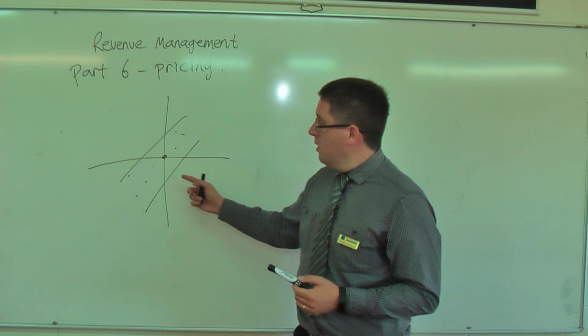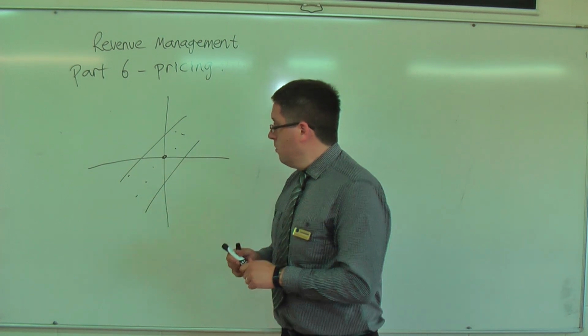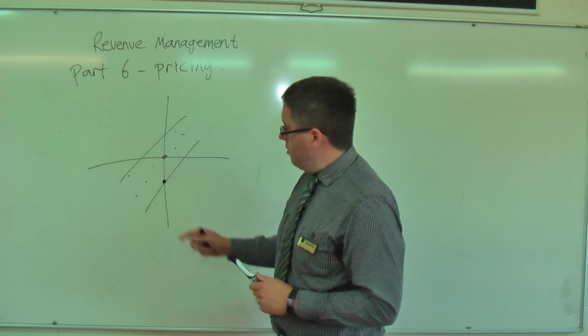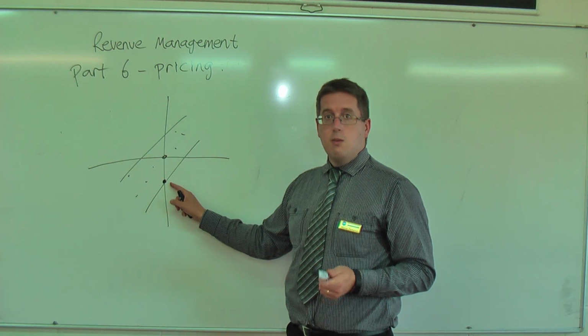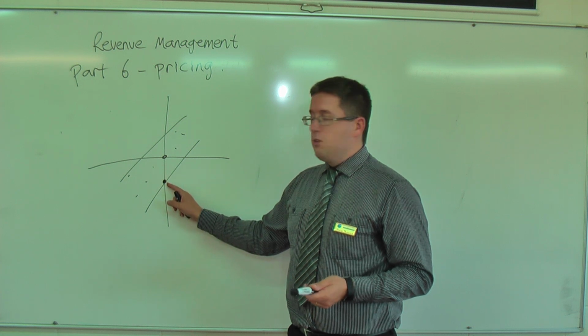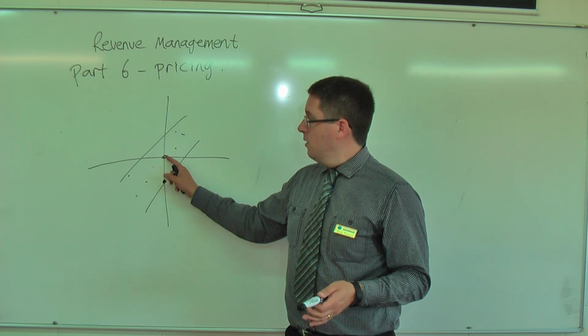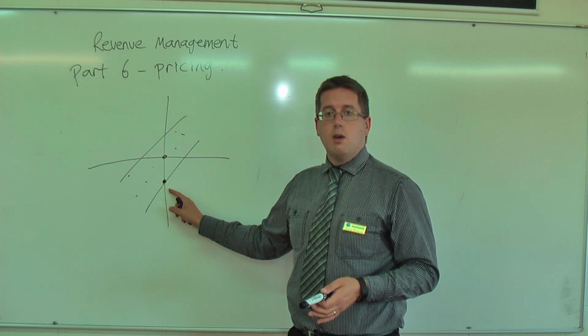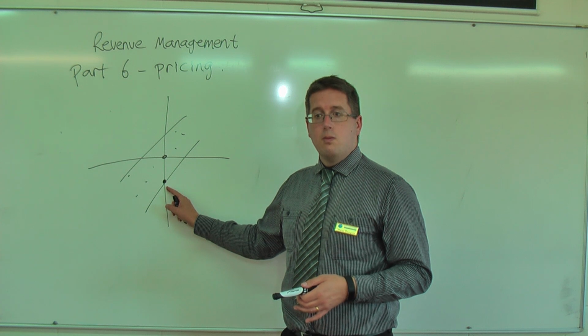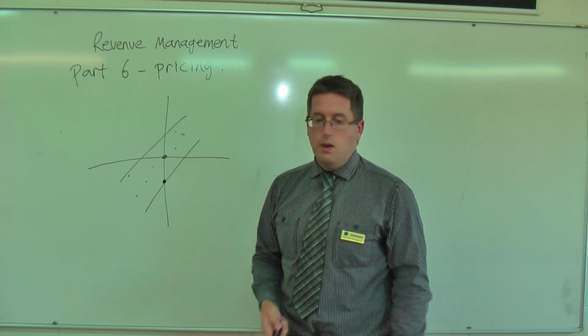Because if we have a competitor hotel with exactly the same value, so the same quality, but charging a whole lot less, then this will impact our customers' decisions, and they will choose this other hotel instead because they see more value in that hotel.